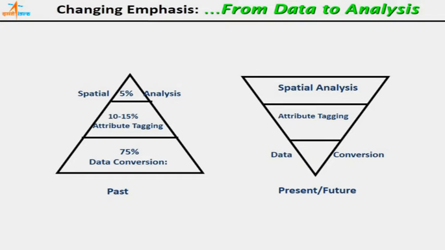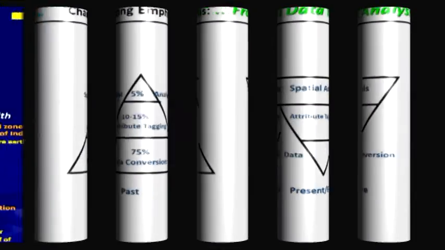But today, most of the data is available in distributed data servers, either from IMD, MOSDAC, ISRO, Bhuvan, NRSC, and also India WRIS. So all these datasets are available, and conversion becomes easier. Attribute tagging takes around 10 to 15% of time, depending on the project-specific information you gather. But for spatial analysis, you will have ample time to make certain alternate analyses.